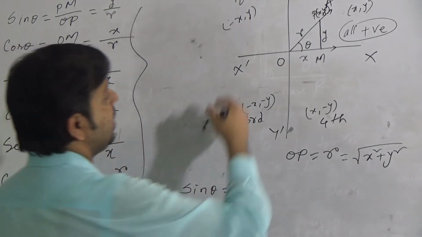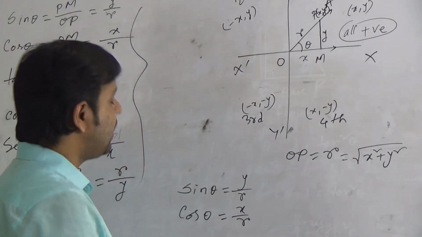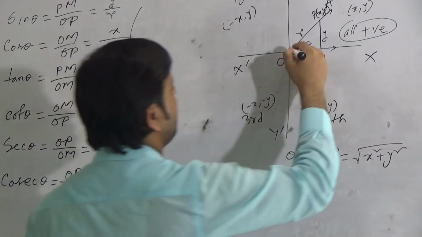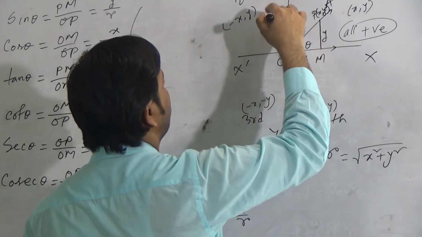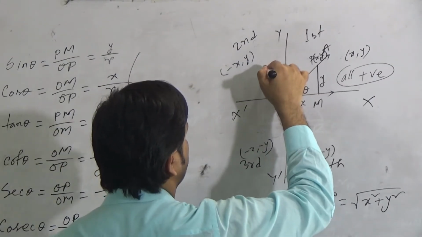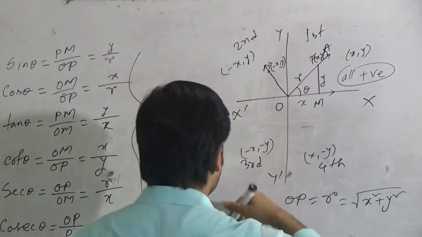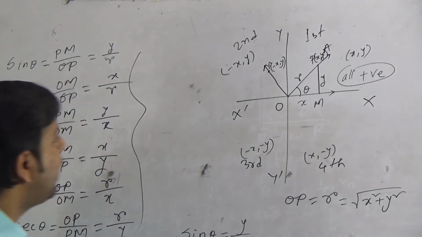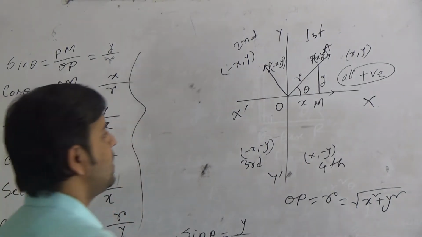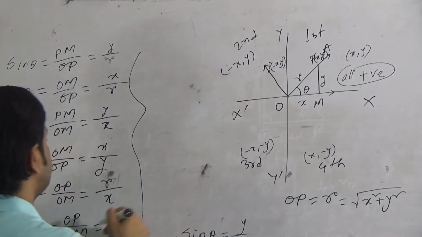Then in the second quadrant, x will be negative. So if we consider the ray OA in the second quadrant, here the point P will be (minus x, y). If we calculate here, we will get sine and cosec positive.